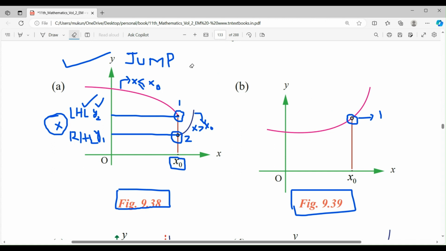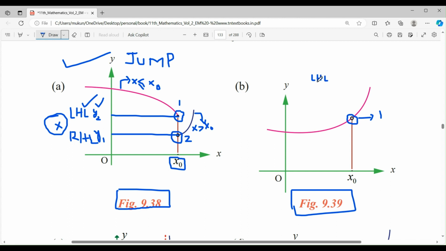Whereas when I go ahead and check out my LHL and RHL, for my LHL, you can see that for x tending to x naught minus, and if I calculate the limit of this function, I will arrive at my LHL.